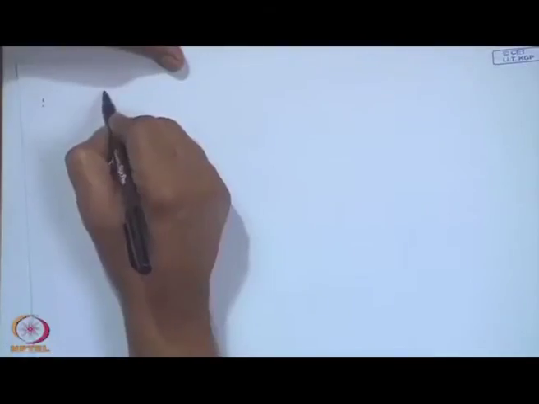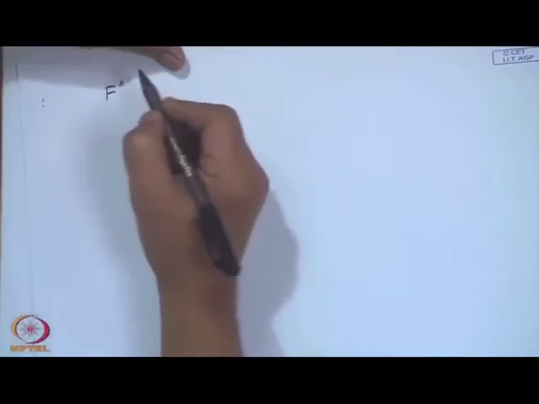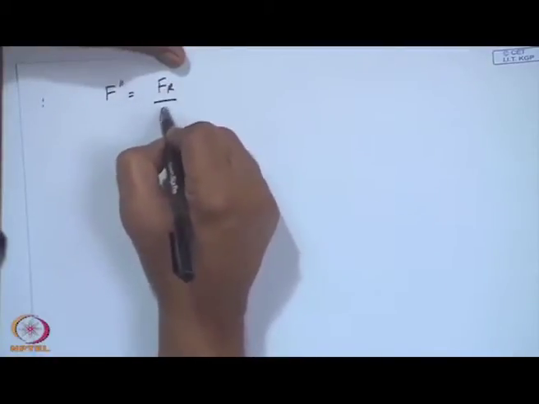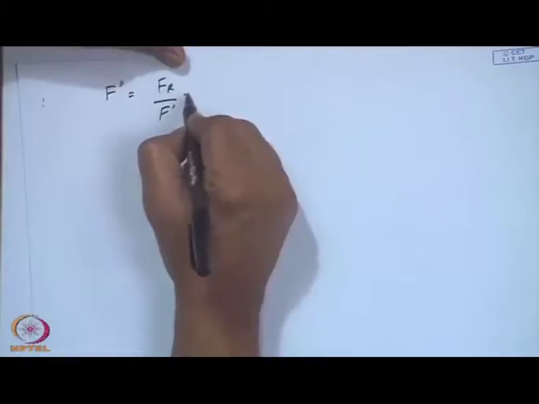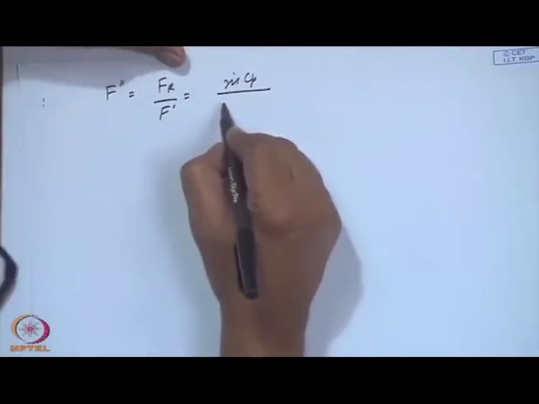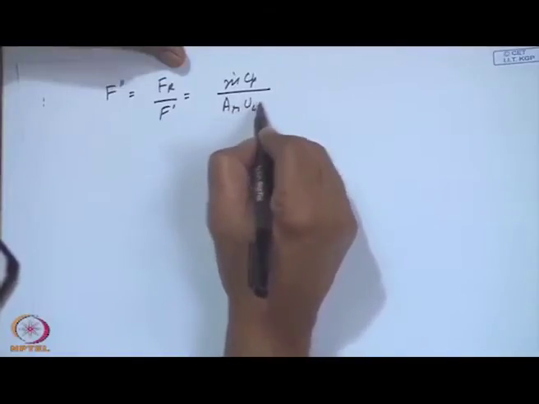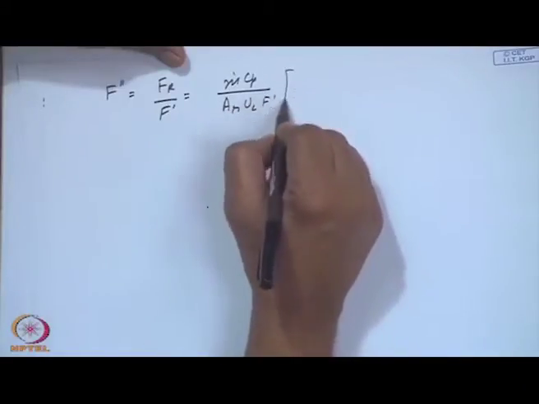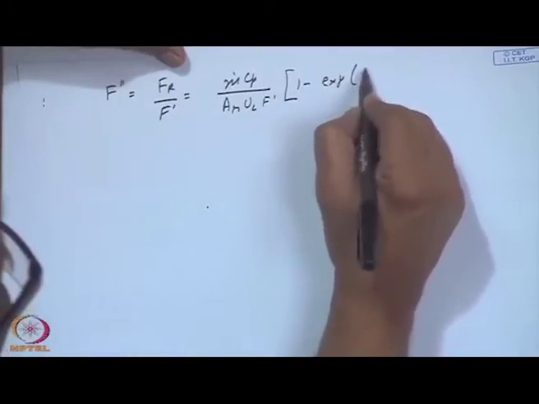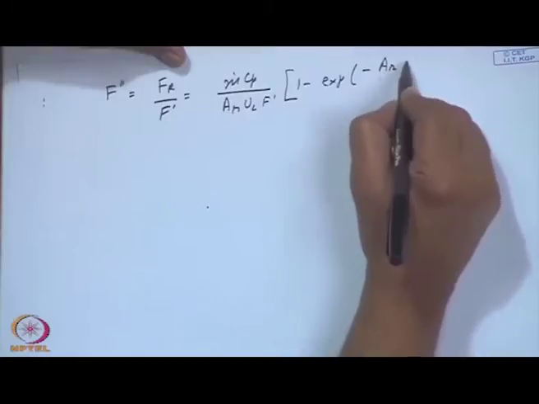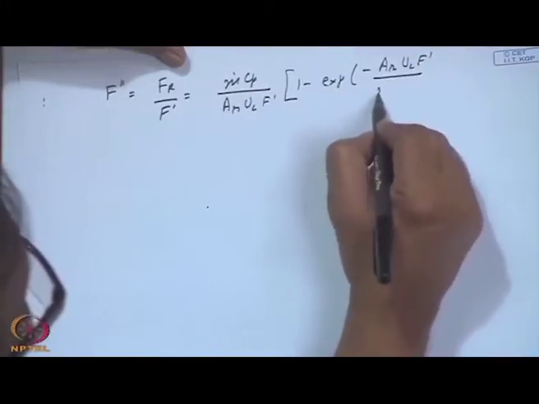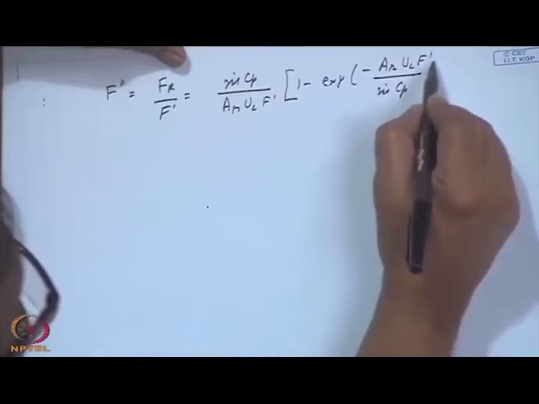So, now you have the conventional flow factor defined as FR upon F dashed, which is nothing but m dot Cp upon AR UL F dashed times 1 minus exponential minus AR UL F dashed over m dot Cp.